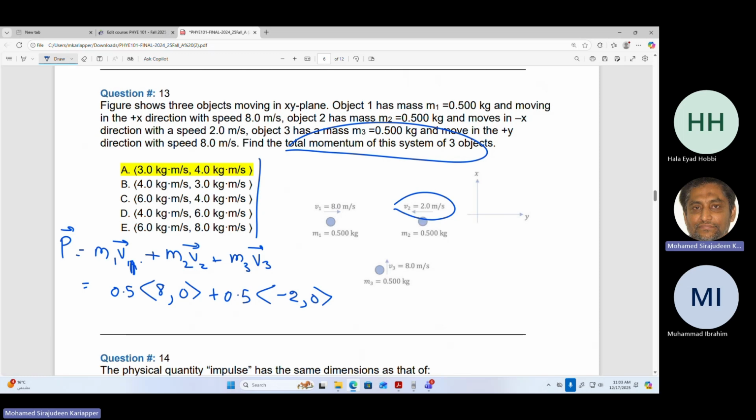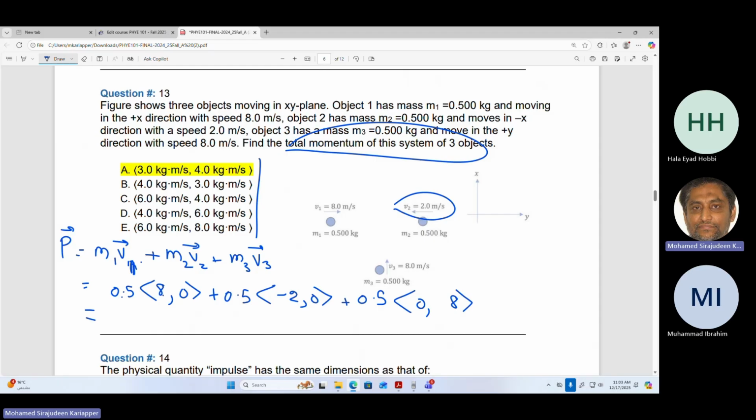The third one is also 0.5, all of them same mass. And this one is 0, there is no x component, and 8. I don't need to put the plus sign, it will kind of confuse. Only if it is negative, better make sure you put the negative sign. Now just quickly do it.